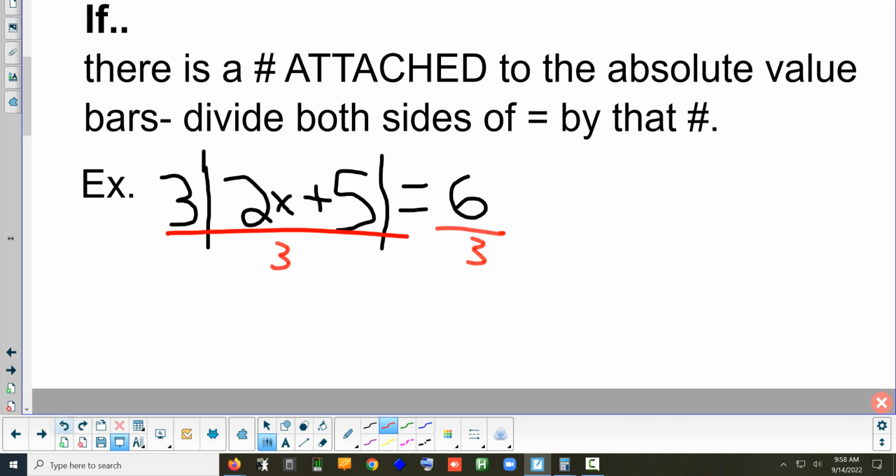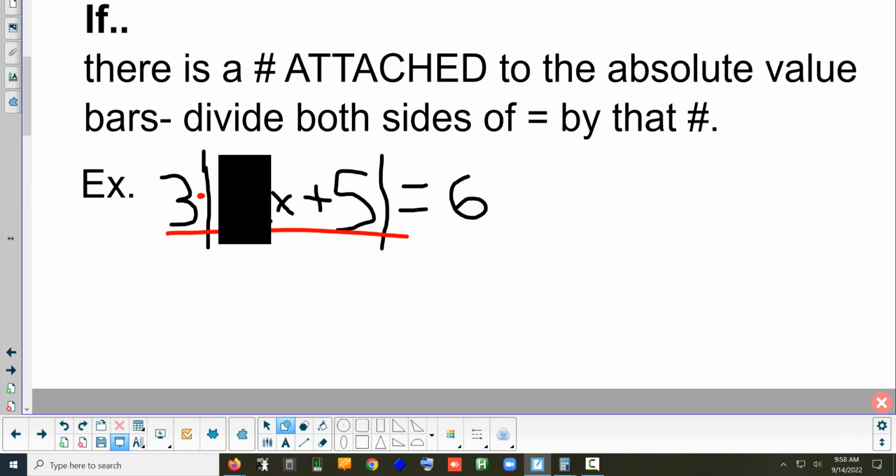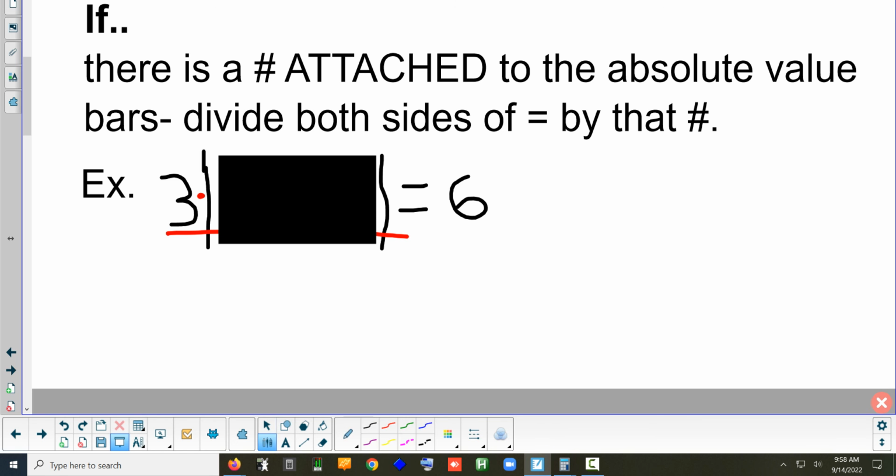Because right before I cancel there, you have 3 times the absolute value of something. I don't care what's in that box. For now, if you want to pretend there's something in that box, it doesn't even matter what's in it. All I know is I have a 3 attached to it, and I don't want the 3 attached.